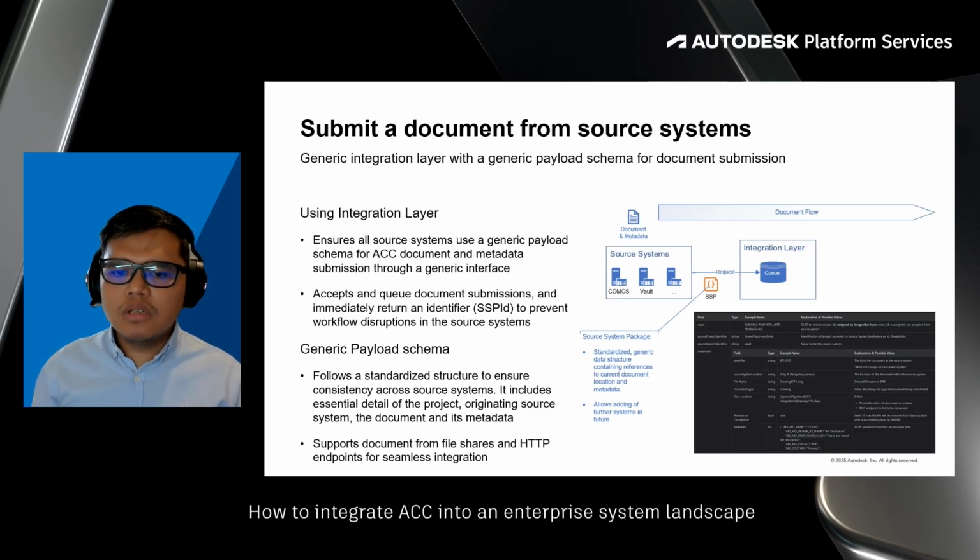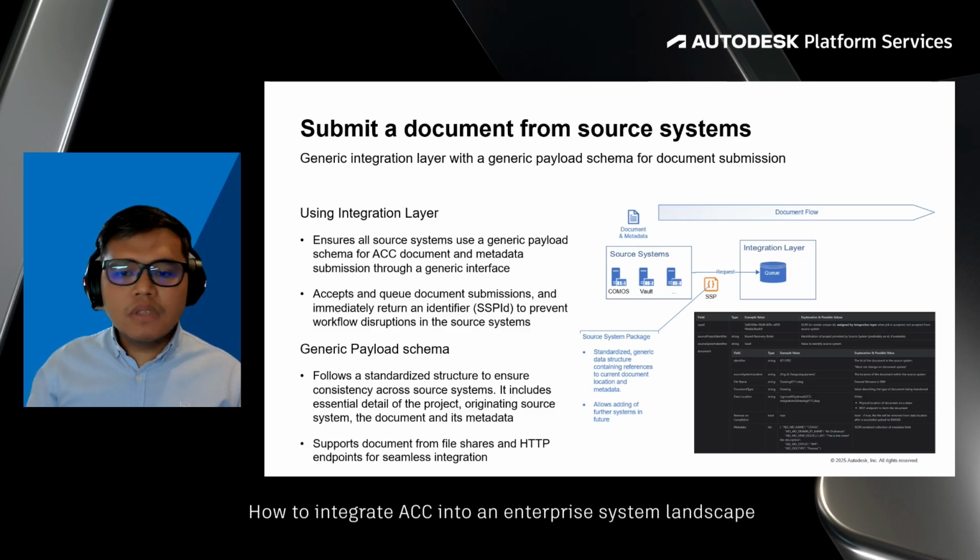It includes essential details of the project, the originating source system information, the document and its metadata, and the location where we can find this document. For the document location, our integration supports documents coming from the on-premise network using file shares, and also coming from the cloud using HTTP endpoints.